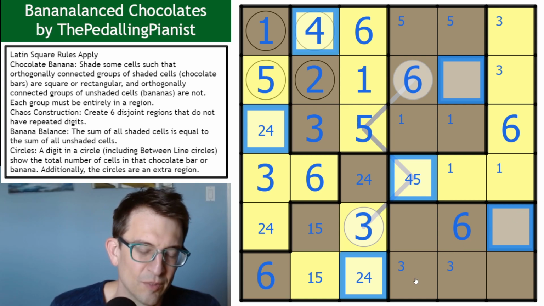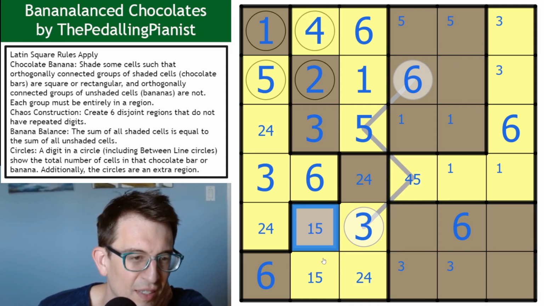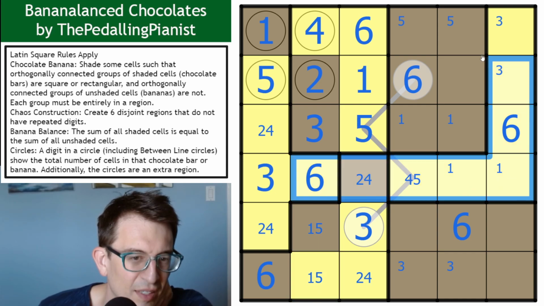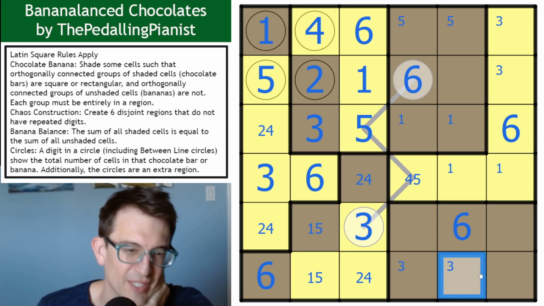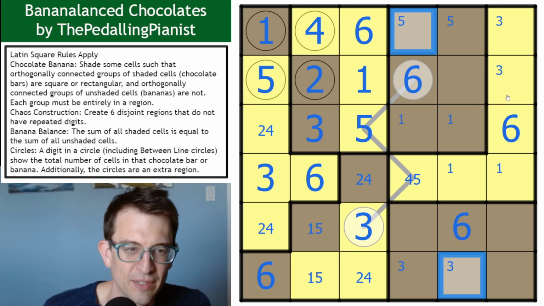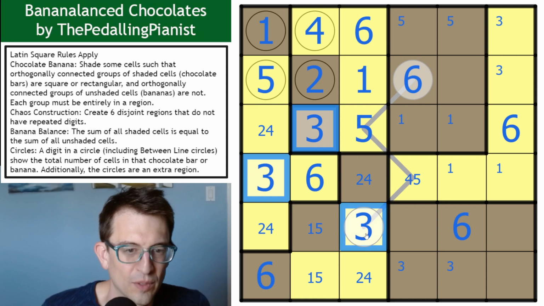I don't know. What am I supposed to do here? Is it something like, could this not be 3 because it breaks something?